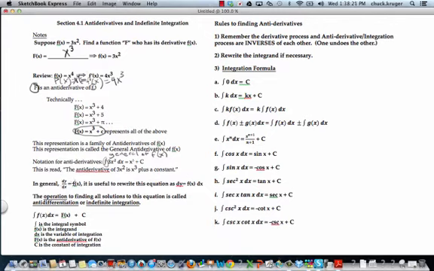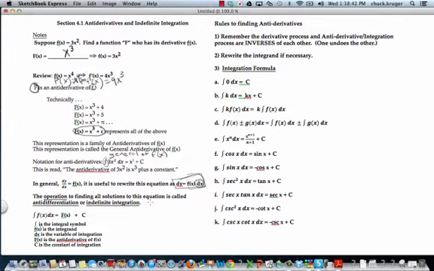If I multiply both sides by dx, I get dy equals f of x times dx. We're going to use this form because in a couple of sections we're going to redefine what this means, and this dx is going to be the width of a rectangle.